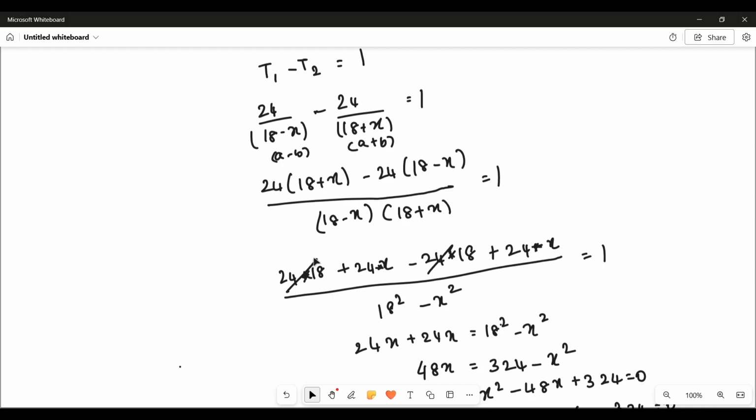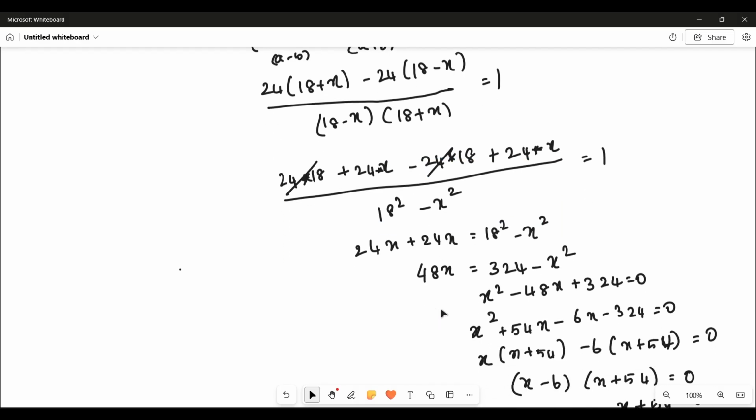So 24 times 18 and minus 24 times 18 get cancelled here. You get 24x plus 24x. And 18 squared minus x squared, I'm taking to the other side. When the denominator goes to the other side, it goes to the numerator. So 1 times 18 squared minus x squared becomes 18 squared minus x squared.